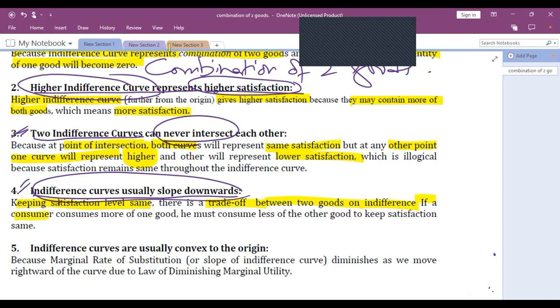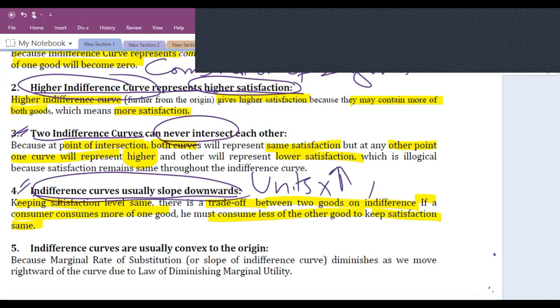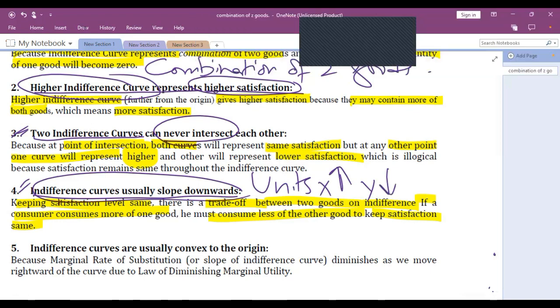If a consumer consumes more of one good, he must consume less of the other good in order to keep the satisfaction level the same. So, as the units of one product increase while the units of the other product decrease, it makes the IC curve downward.